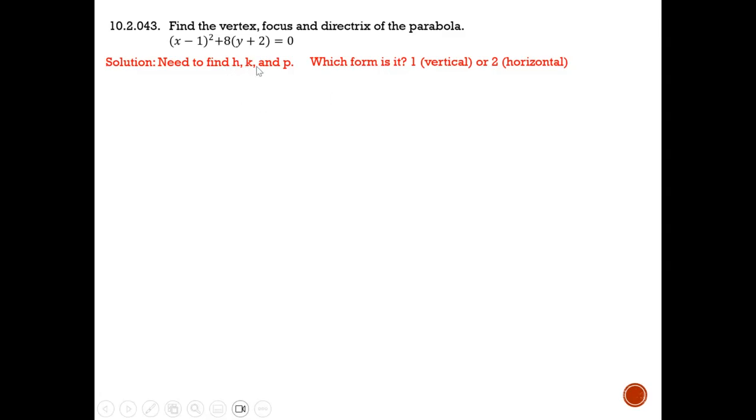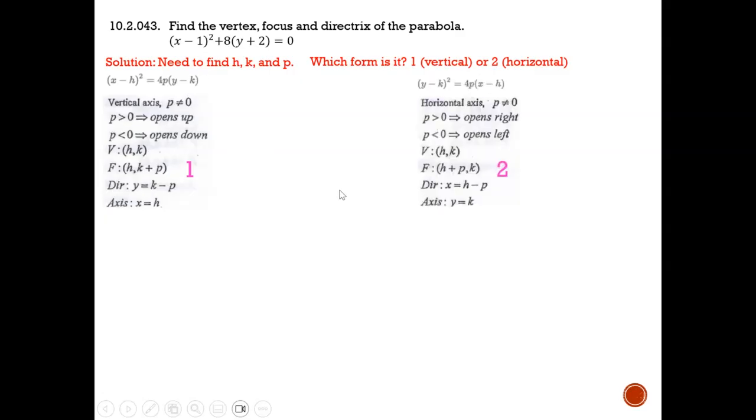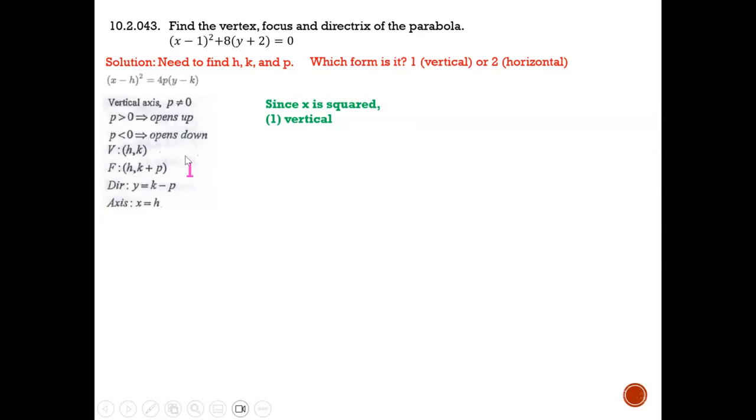Which again, we need to find h, k, and p. Which form is it? It's going to be vertical, right? Because with the vertical, the x is squared, and the y is to the first power, so it's going to be number 1. Since x is squared, it's going to be number 1 vertical. So we're going to do the characteristics of number 1 here.